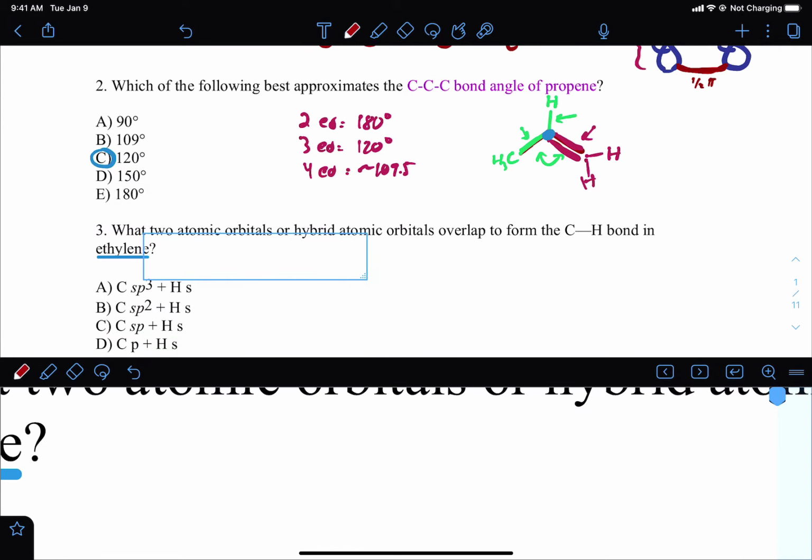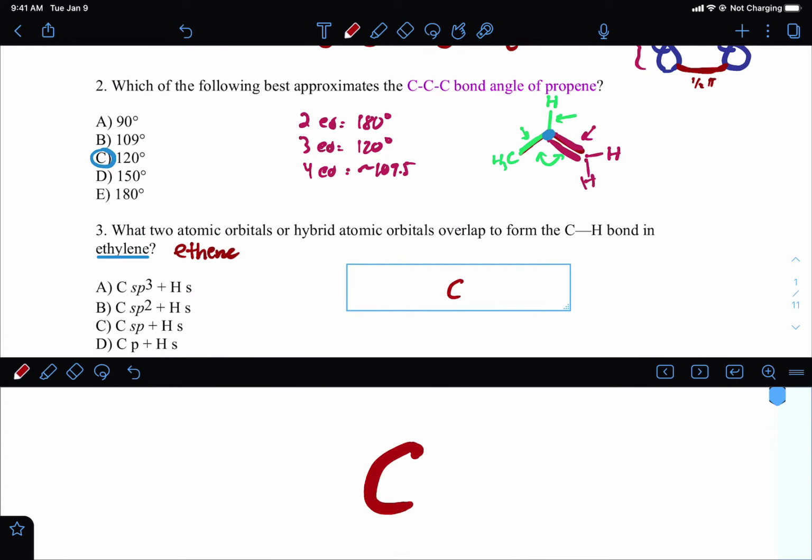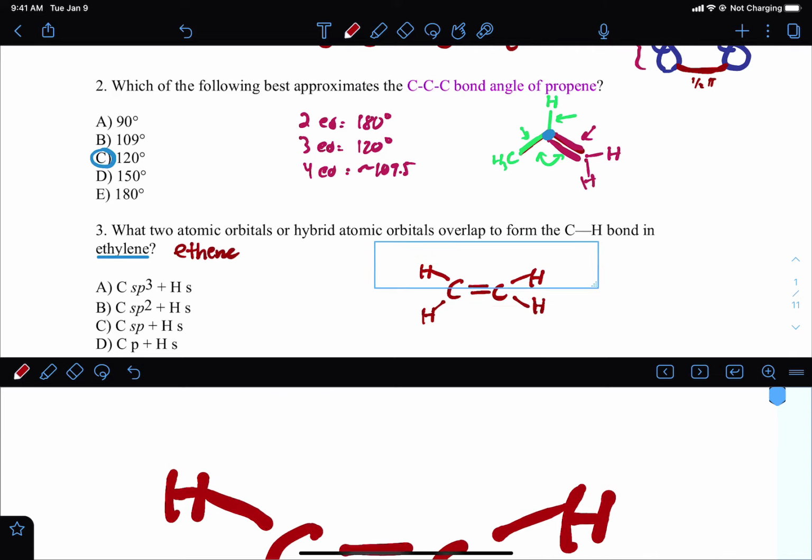Ethylene is also known as ethene, which is 2 carbons, and ene means double bond. So what they're asking for is what orbitals are being used to make these CH bonds.